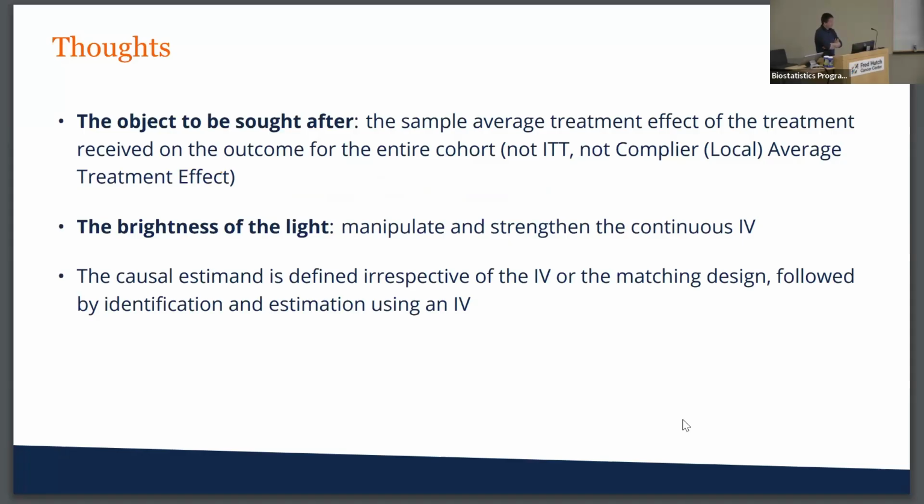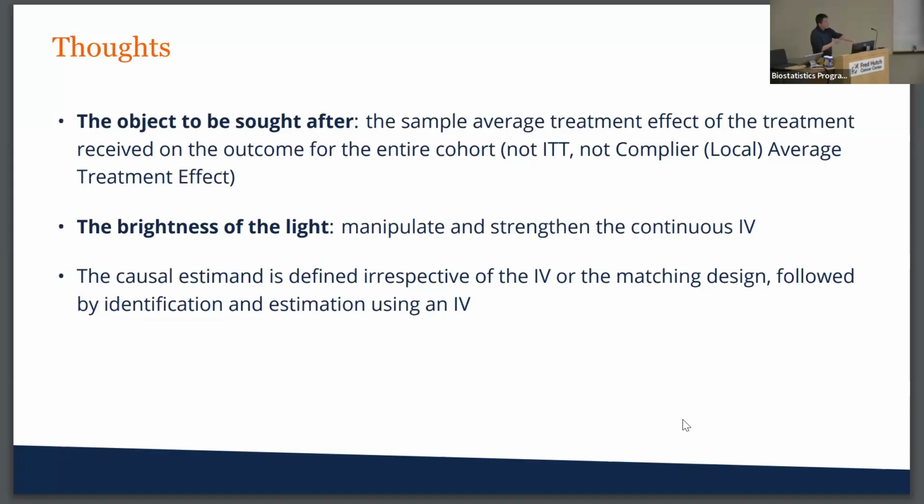I would argue it's the sample average effect of the treatment received on the outcome of the entire cohort. We're not most interested in ITT, the intention to treat effect, especially in this type of observational study. The IV is something that we create in order to illuminate some kind of effect. Different people can find different IVs. So the effect of IV on the outcome, the intention to treat effect, is typically not of interest.